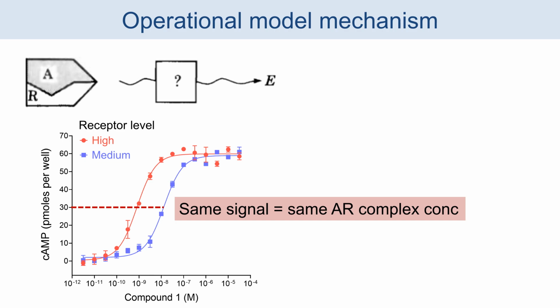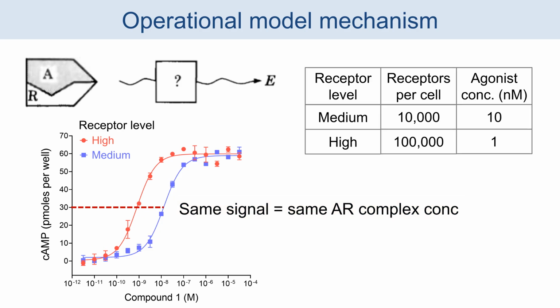Now, the concentration of agonist-receptor complex is dependent on the concentration of receptor and on the concentration of agonist, as we talked about a moment ago. This means simply that if we have more of one, then we need less of the other. Let's look at this with some numbers.